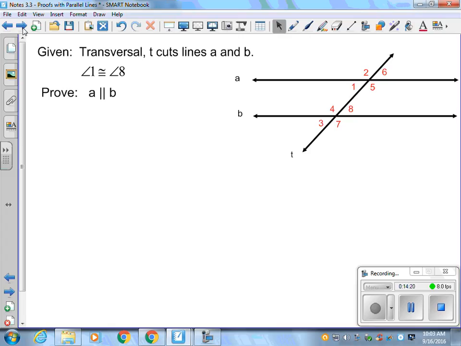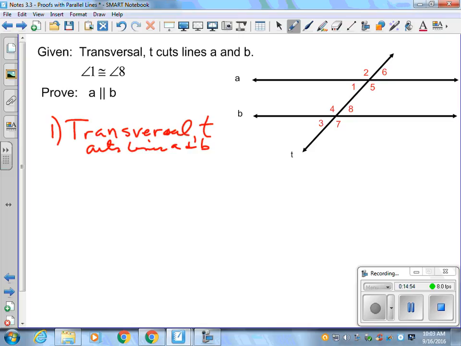But first, let's start off with there's two pieces of this given. There's a given statement about which lines are doing what, and there's a given statement about the angles. Let's start with the two lines being cut by the transversal. That's our first given. Now, the transversal t cutting lines a and b, I don't know they're parallel at this point other than just looking at the picture, right?